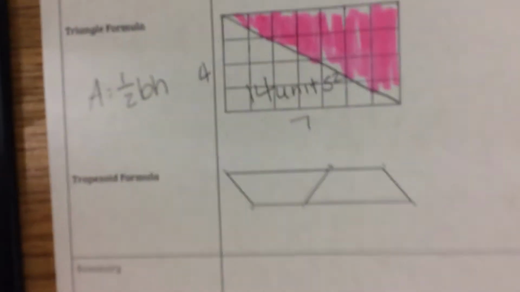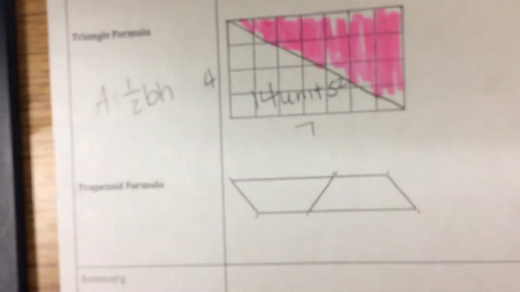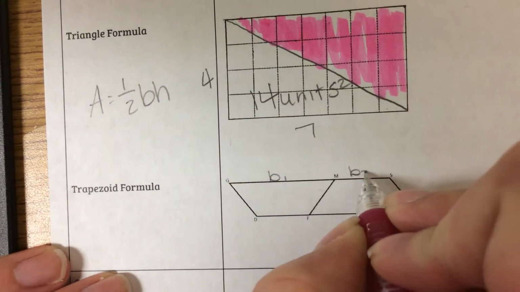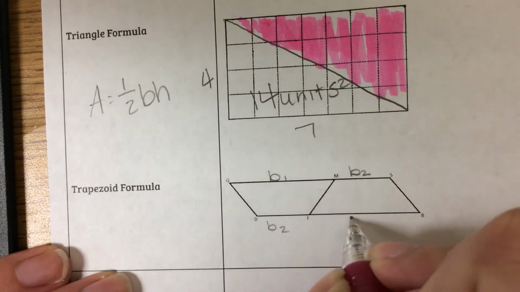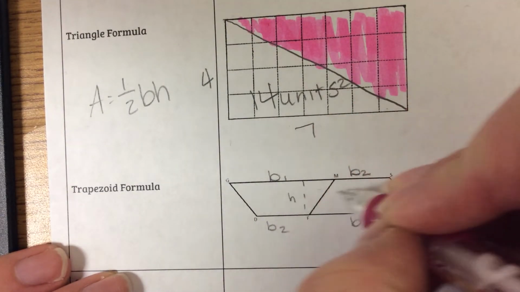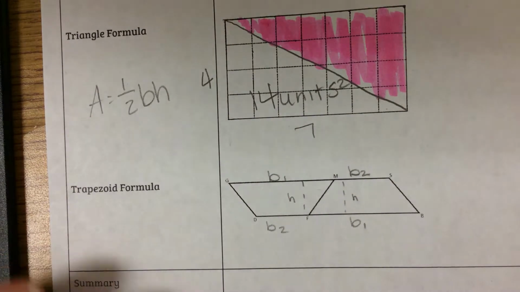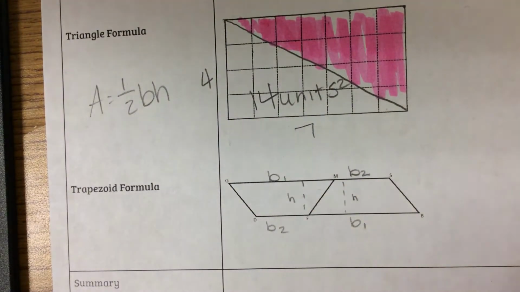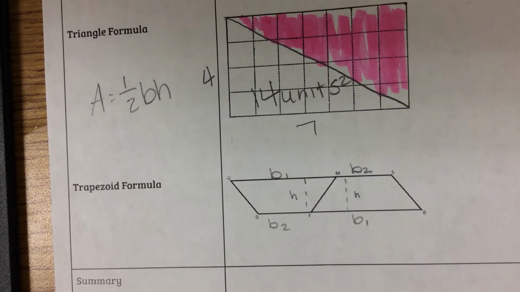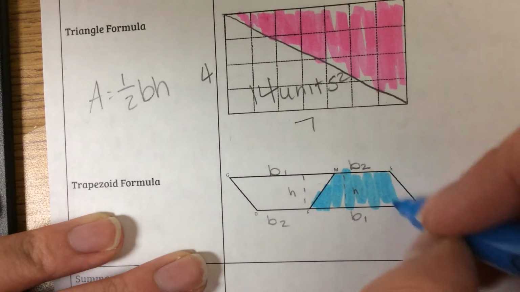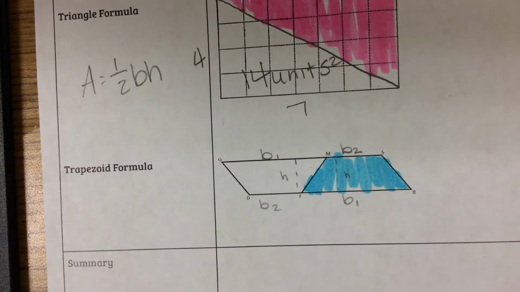So we're saying, okay, this is base 1 and this is base 2. Well, then this is base 2 and this is base 1, because those are all the same. And then this here is the height. This here is the height. So I have to add these two together and divide by 2 to get myself the area of just one of these trapezoids.